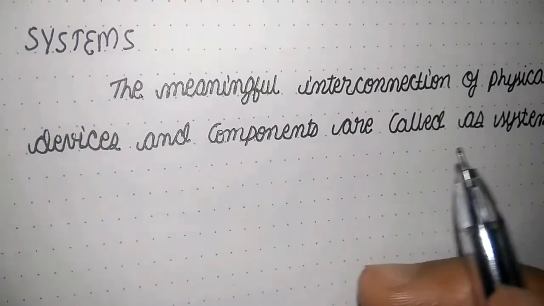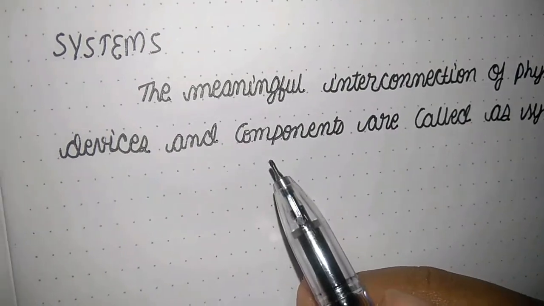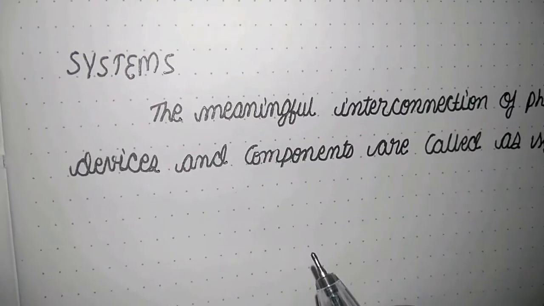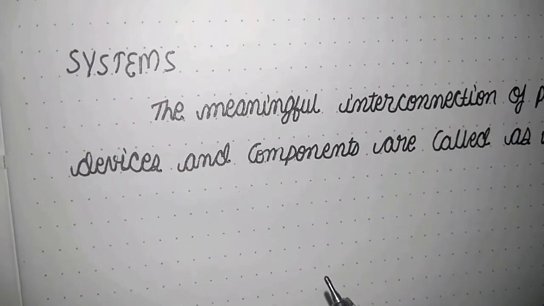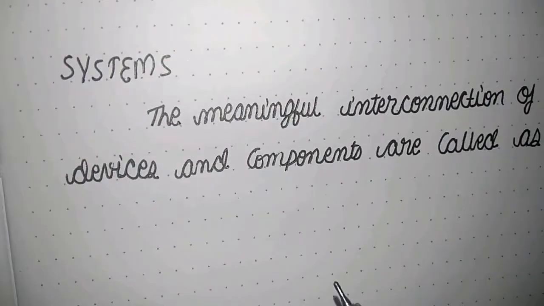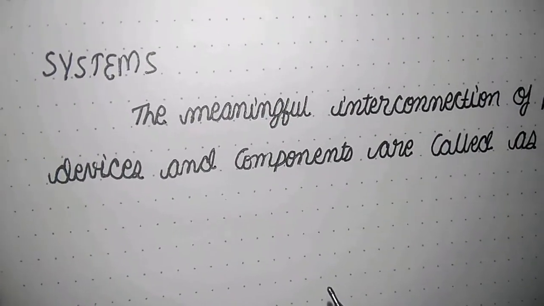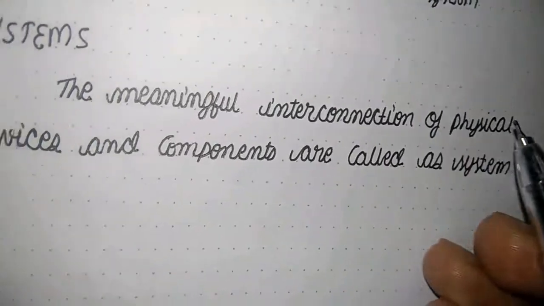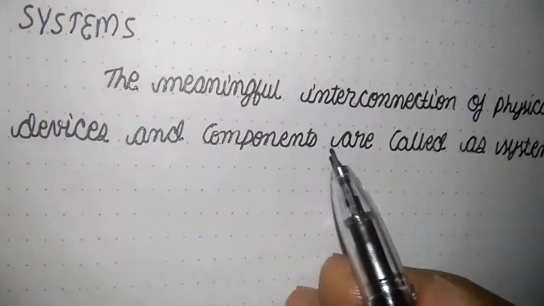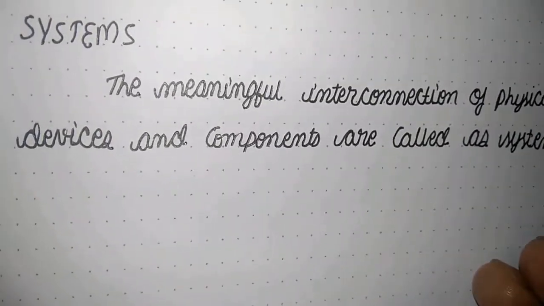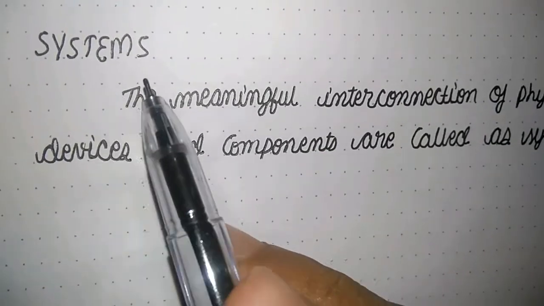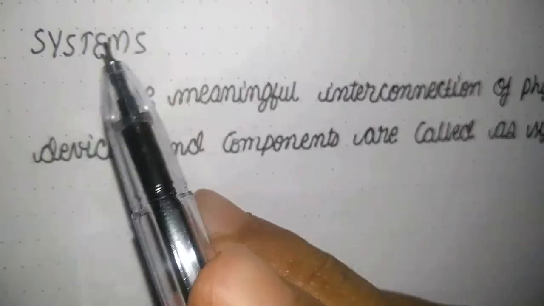Friends, now the question arises: what is the definition of systems? We have learnt about the definition of signals. Now we are going to learn about the definition of systems. The meaningful interconnection of physical devices and components is called a system.